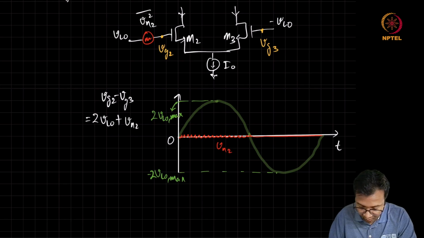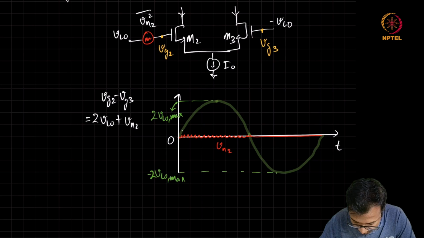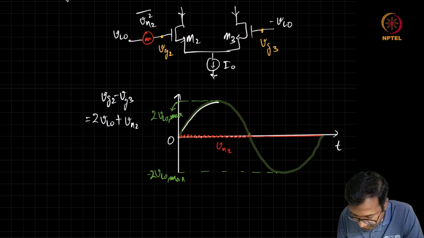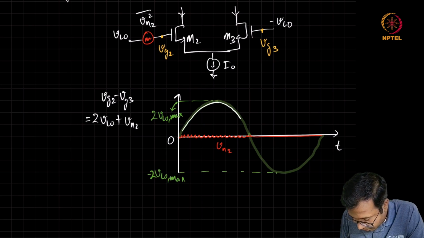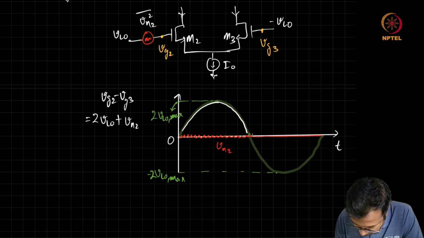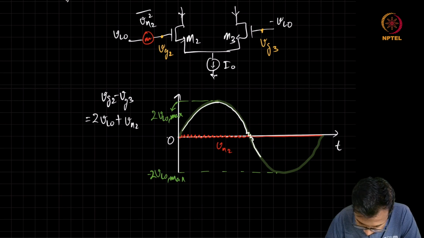So this is what we are going to plot. More or less, it is going to follow the same VLO, but near the zero crossing, there is going to be some effect.